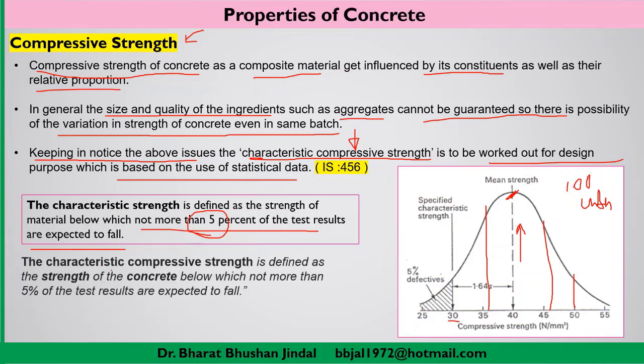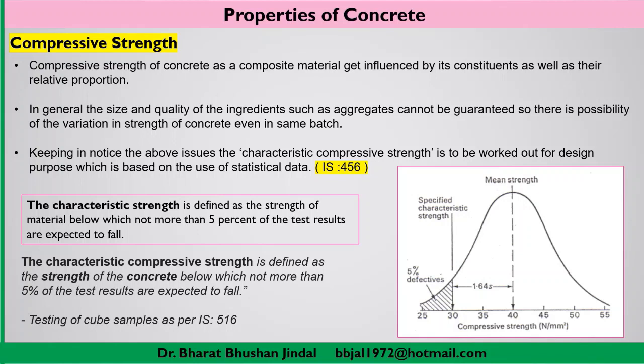So characteristic compressive strength can be defined as the strength of the concrete below which not more than 5% of test results are expected to fall. And here you have to take care that testing of cube samples should be as per the specifications or guidelines given in IS 516.